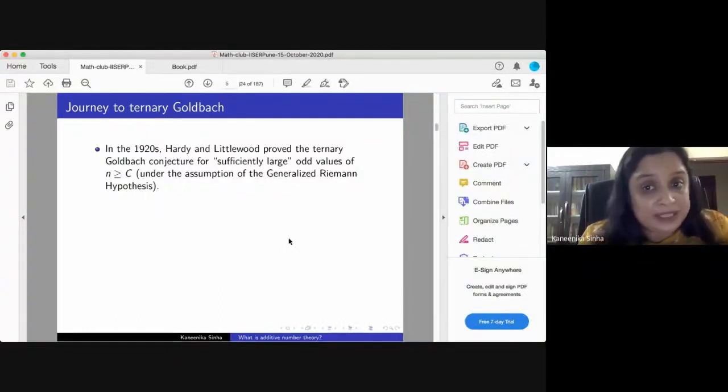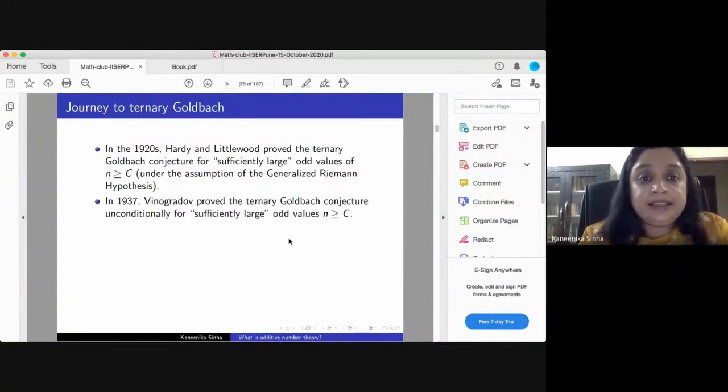And also the other limitation of the result of Hardy and Littlewood is that it is not unconditional. It is assuming something called the generalized Riemann hypothesis. Okay. In 1937, Vinogradov proved the ternary Goldbach conjecture unconditionally. But again for sufficiently large odd values n greater than or equal to c.